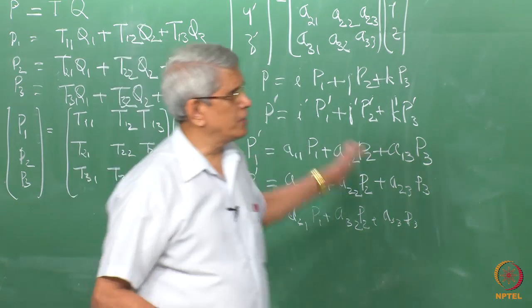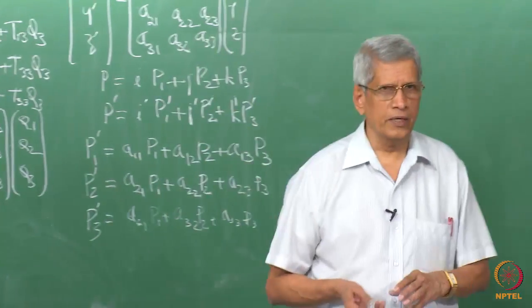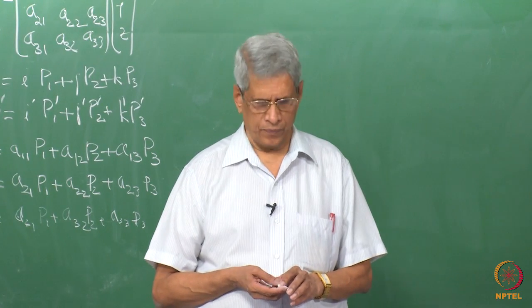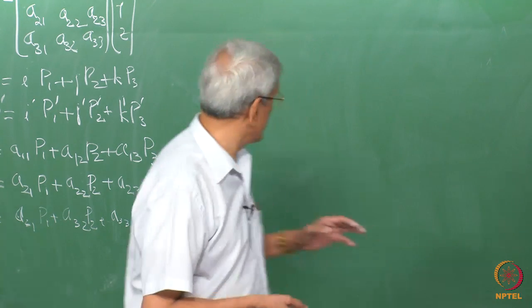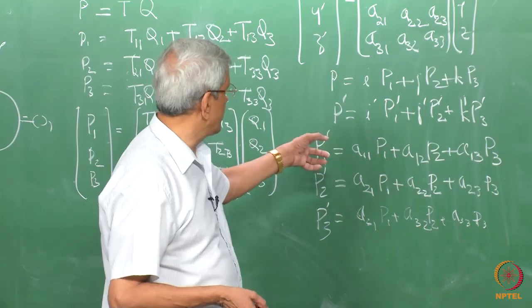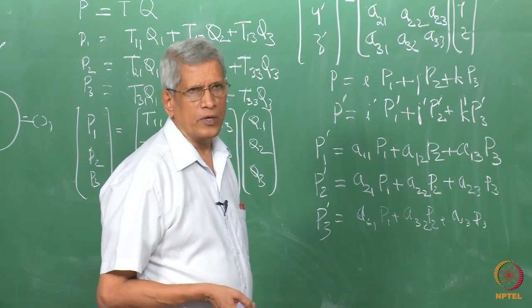Okay. This can be written in a matrix format also. What is the way in which this can be represented? One is that in this equation itself, we have to write all the components, right?